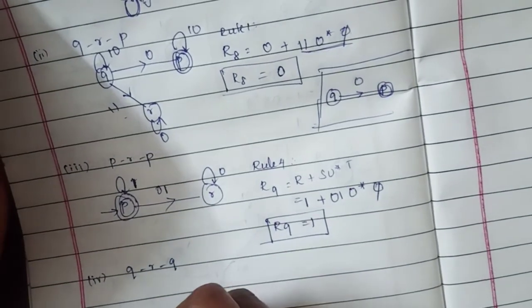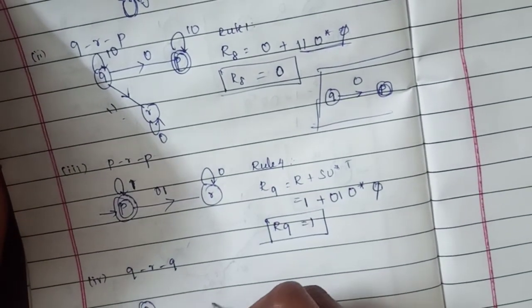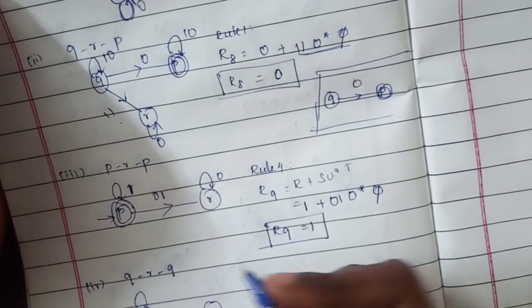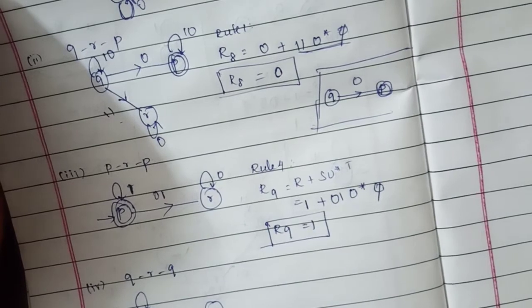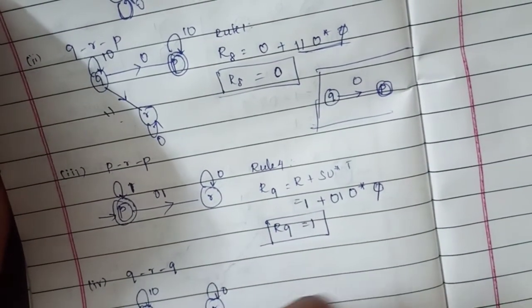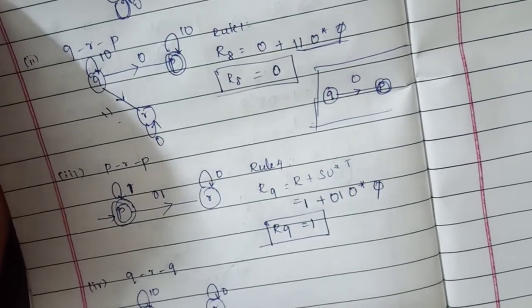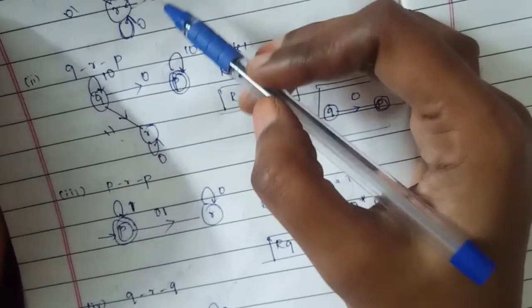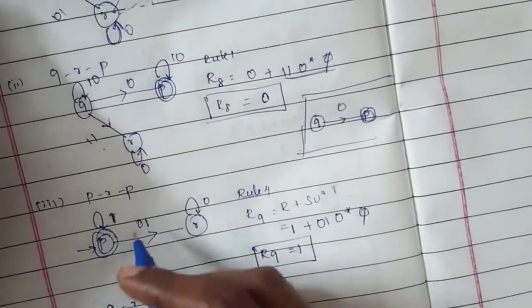So when you draw this QRQ, so Q and this is R. So for Q we'll have 1 0, and for R we'll have 0, and Q to R. So when you see this Q to R, this is 1 1, right?